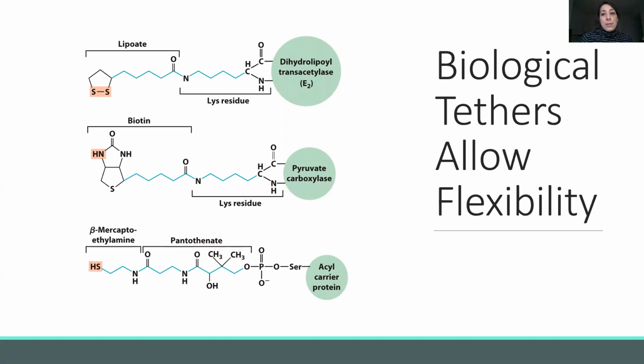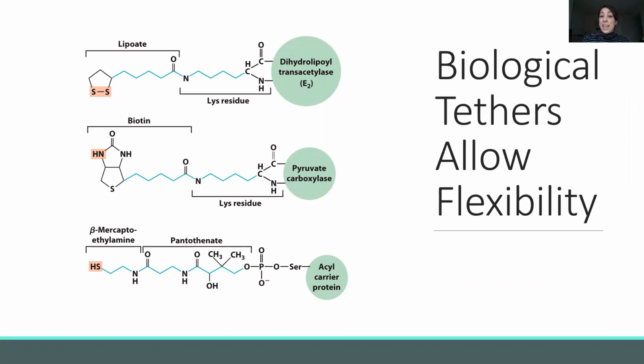We've talked a lot about these different biological tethers and how they are acting throughout this complex. So I wanted to just spend a moment talking about their use in many different enzymes. Biological tethers are very important. These long biological coenzymes are important mainly for their flexibility. Notice that TPP, which we talked about, or lipolysine, which we talked about, are both these very, very long molecules.